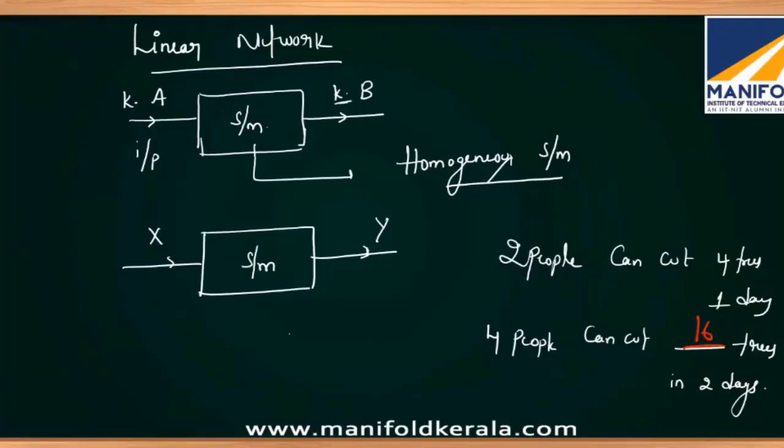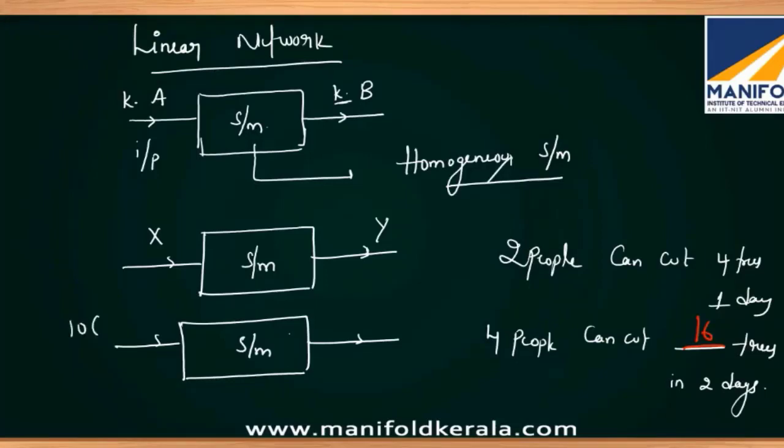Suppose for the same system, if I give 10 into x plus a as my input, and my output is 10 into y plus b, then my system is obeying the homogeneous as well as the superposition principle.